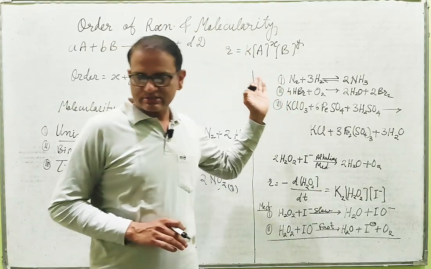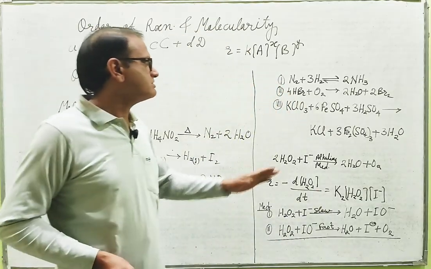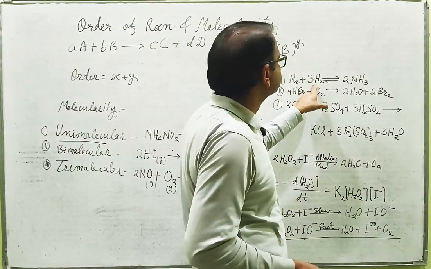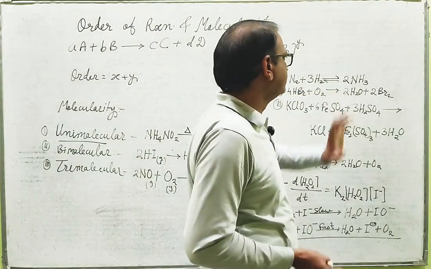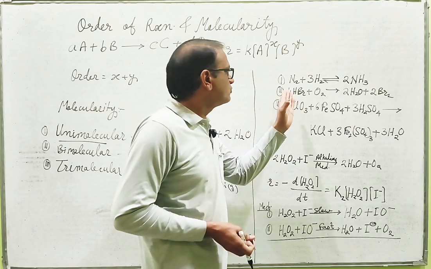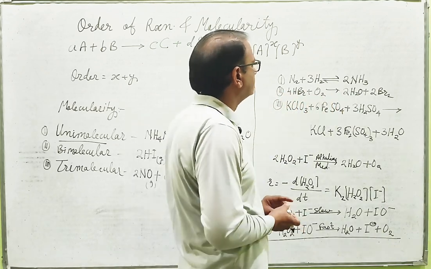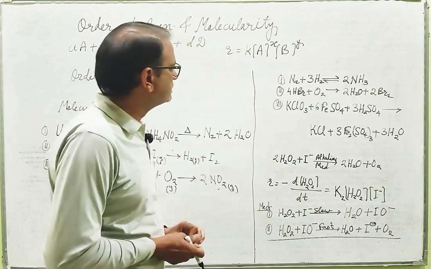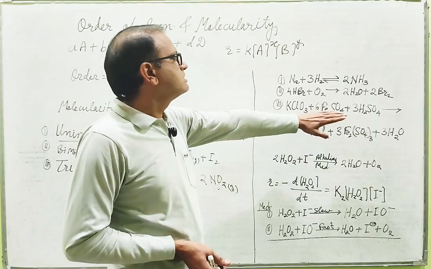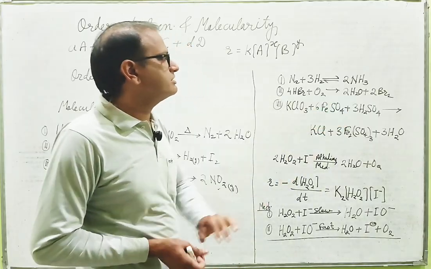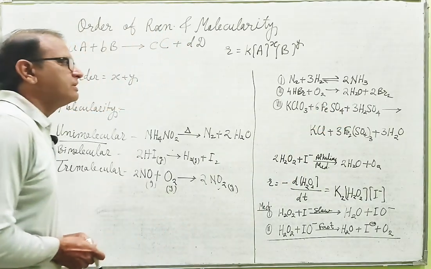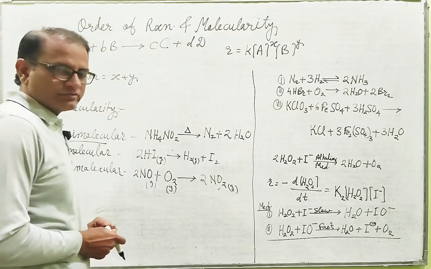Let us see these reactions. These are the reactions in which we can see N2 plus 3H2 converting into 2NH3, 4HBrO2 giving 2S2 and 2Br2, KClO3 reacting with 6 moles of FeSO4 and 3 moles of H2SO4 and converting into product.